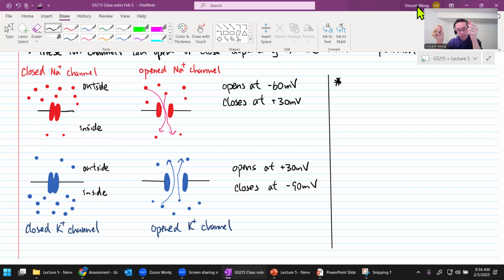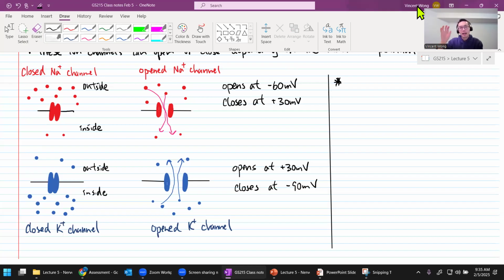And then if the voltage reaches the closing voltage, they will close. But here's the thing. If you open the channels and then you close them afterwards, they enter a period called the refractory period.